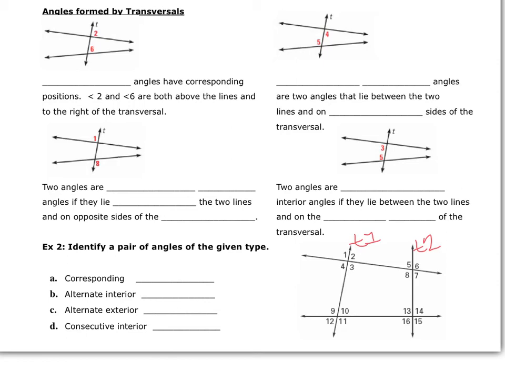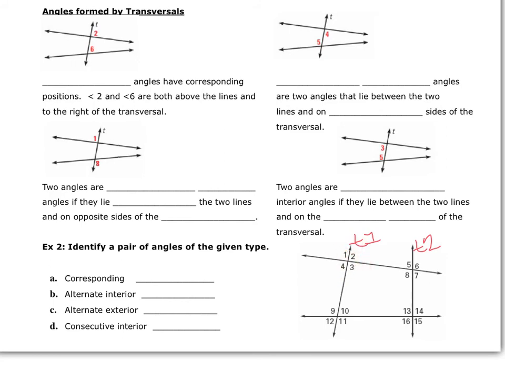Let's look for corresponding angles. I left all of this up here so you can look back at your notes. Corresponding angles are the ones that live in the same spot, just at a different intersection. So basically just pick an angle. If you pick number 1 right here, I always say this is like a 4-way stop. You have 4 different angles here.